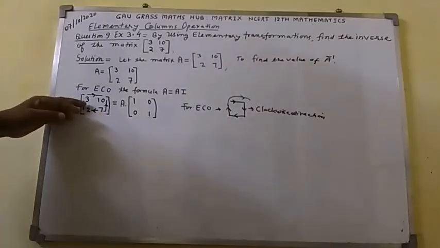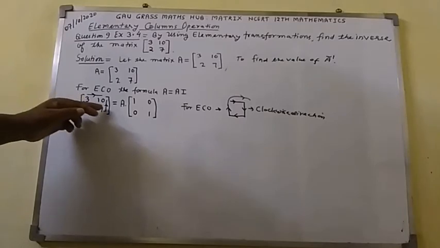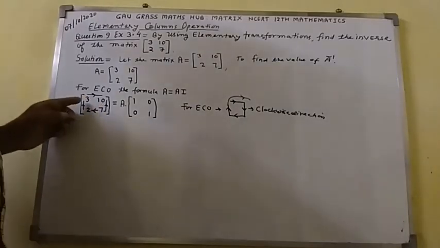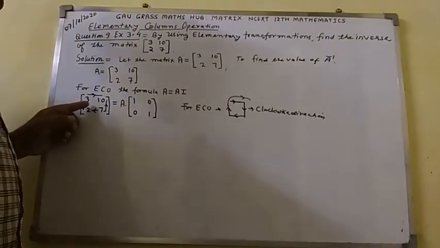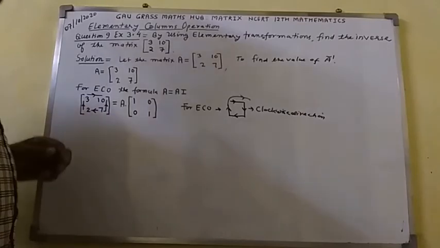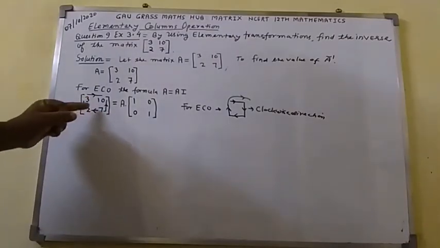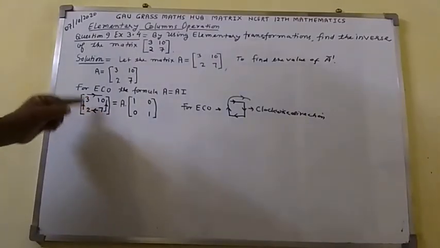this 3 will be converted into 1, because here 3 is lying in line with the principal diagonal elements. This whole matrix is going to be an identity matrix.